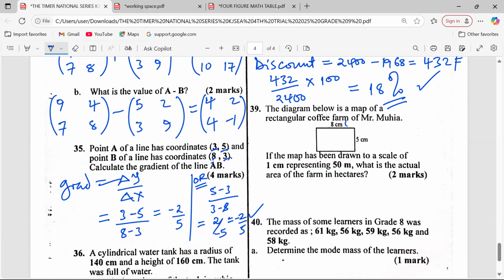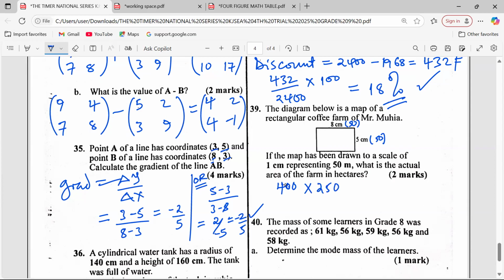So which means the 8 centimeters here, each represents 50 meters. And we can also say the 5 centimeters on the width, each is representing 50 meters. Therefore, we can get the dimension in meters. The length is going to be 8 by 50, which is 400, multiplied by, because we want area, the width, 5 by 50, 250 meters.